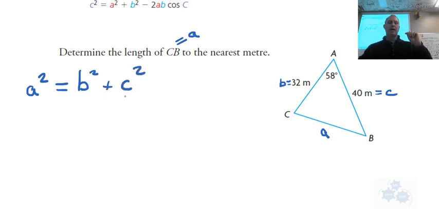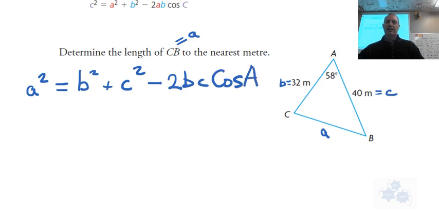Good. It's the sum of the other two sides squared, right? Now is this a plus or minus? Minus what? 2. Which ones do I use? These two, B times C. And then this is the cosine law, so you've got to put cos on there. And cos of what? Of big A, right? Awesome.